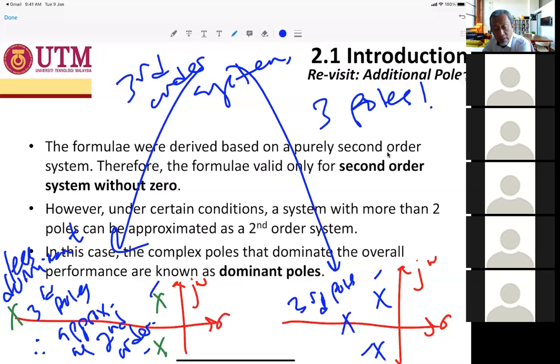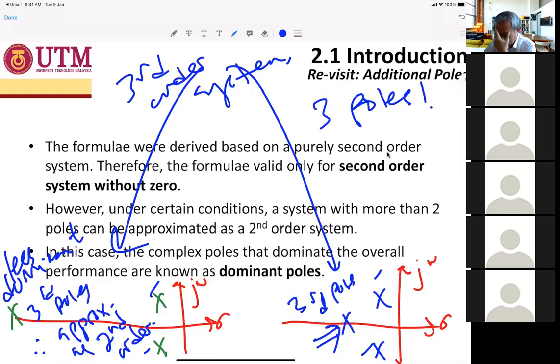It is a third order, but can be approximated as a second order, and we can use all the formulas of the second order in the previous slide that I showed before. But for this one, third order, you cannot approximate as second order because the third pole is very near to the imaginary axis and very near to the complex conjugate poles. So these poles are dominant and have some influence towards the output of the system.